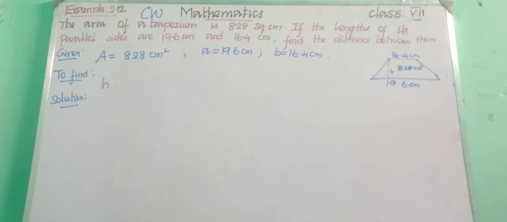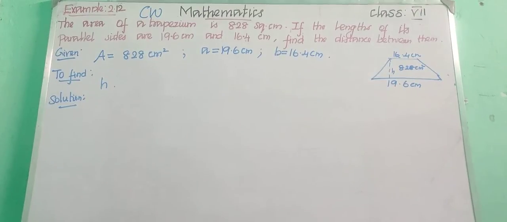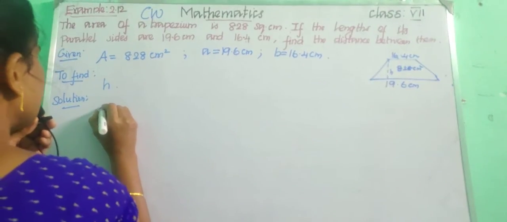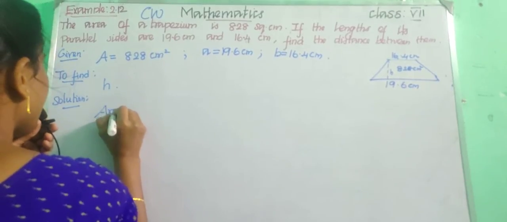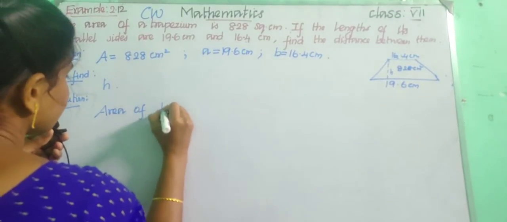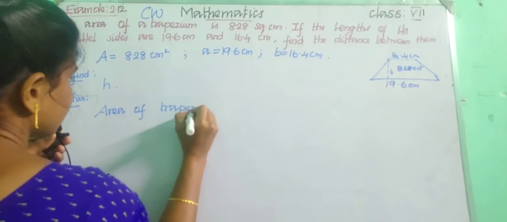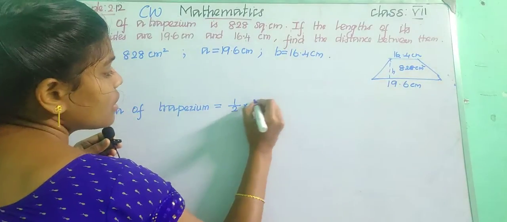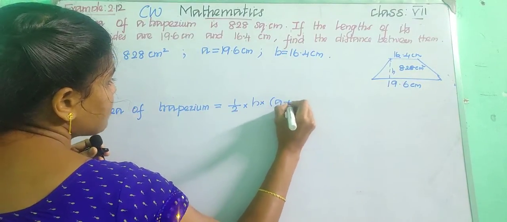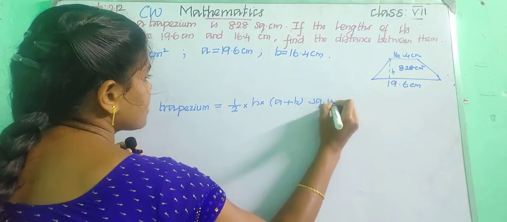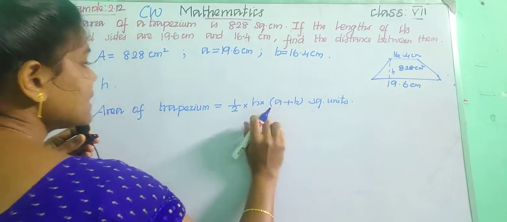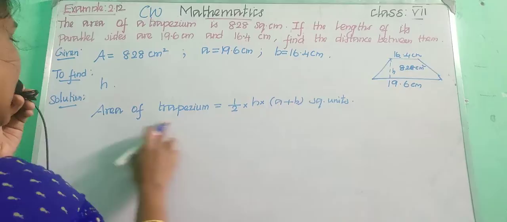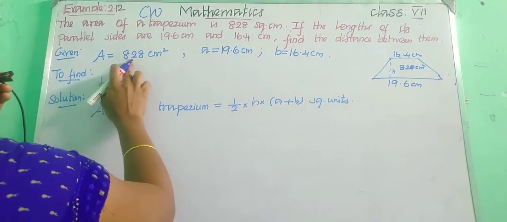Area of trapezium equals half into height into A plus B square units. The area of trapezium was given, so 828.